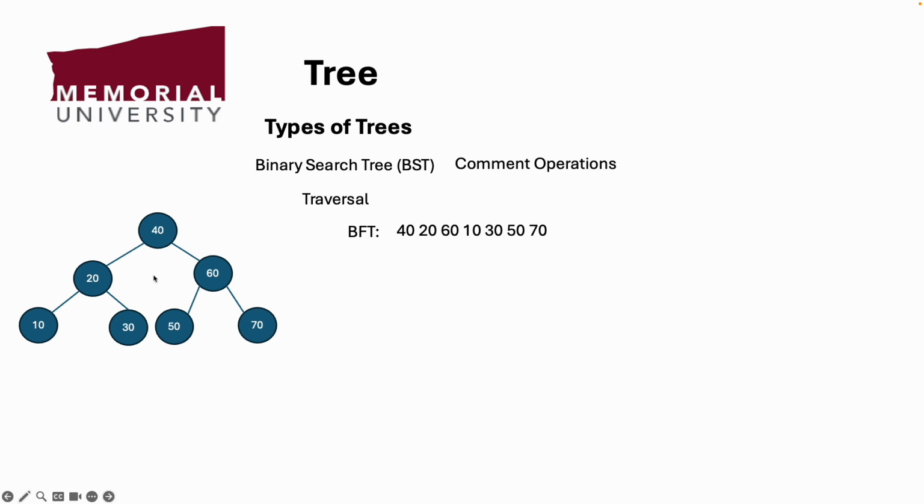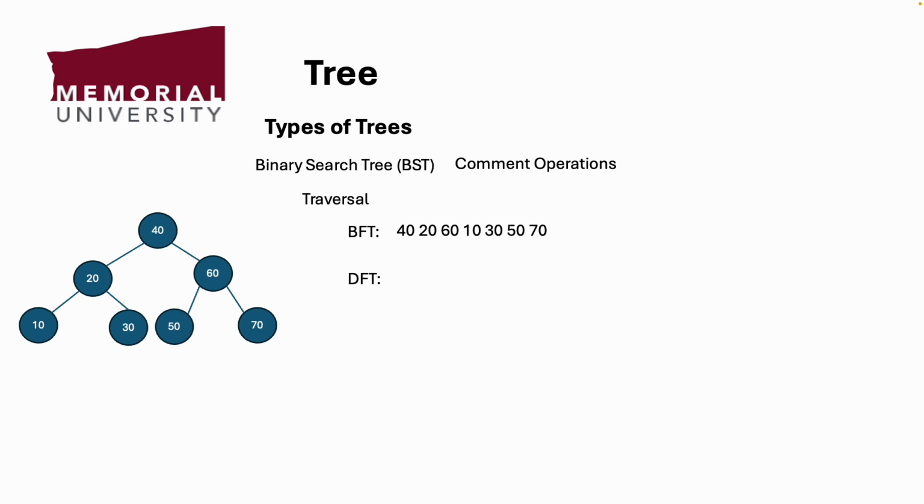We get 40, and then 20, 60. Then going to the third level, 10, 30, 50, 70. The level order, level by level. The first level is 40, then the second level from left to right, 20 to 60, and then we visit the third level, 10, 30, 50, 70. Okay, this is breadth first traversal.